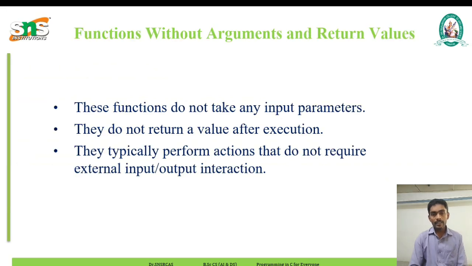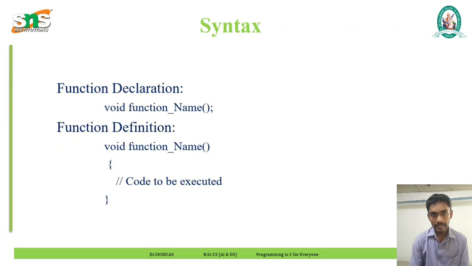And here we are going to focus on functions without argument and return value. These functions do not take any input parameters or arguments, and they do not return a value after execution. Typically, they perform actions that do not require external input or output or any other interaction.